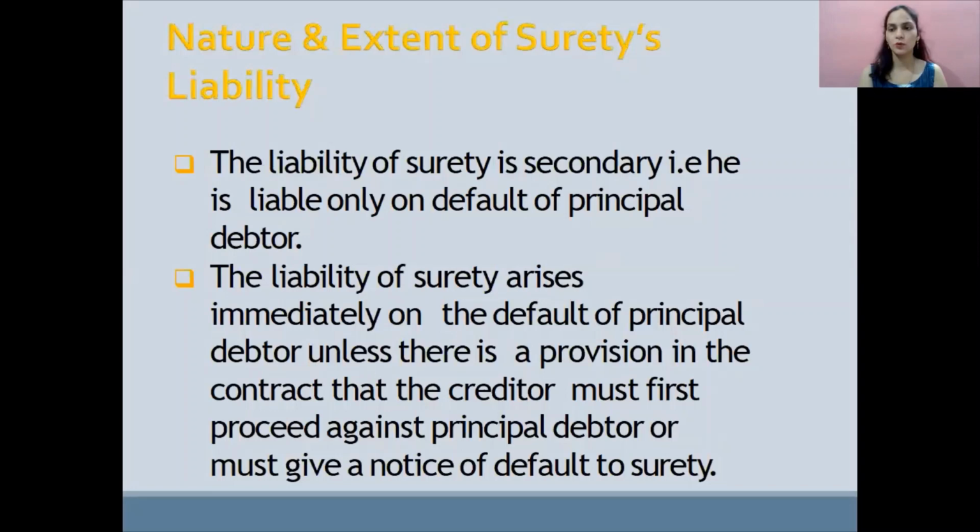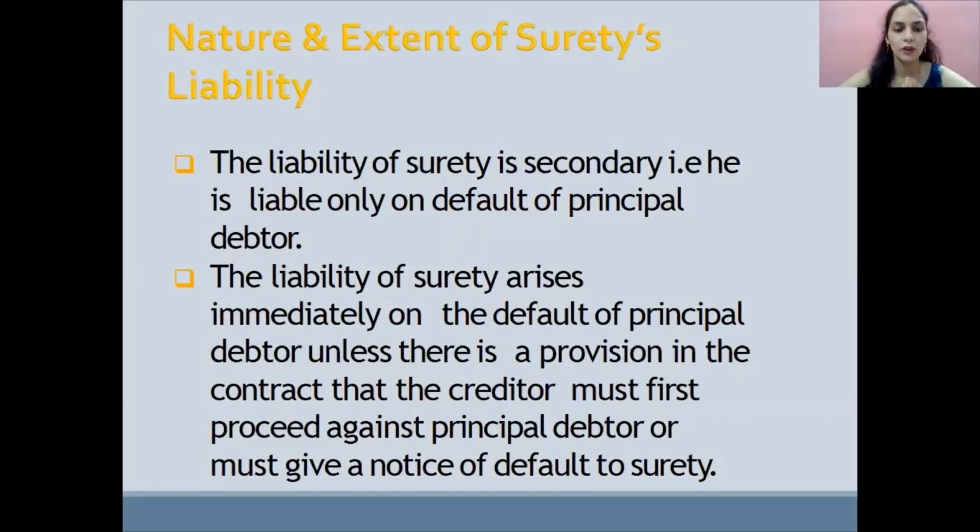When he takes the loan, or arrives with some kind of obligation, only then has this guarantee been given. So, the liability of the surety is basically secondary. That is, he is liable only on the default of the principal debtor. Until and unless the principal debtor defaults, the surety is not at all liable to make any kind of payment against the guarantee.